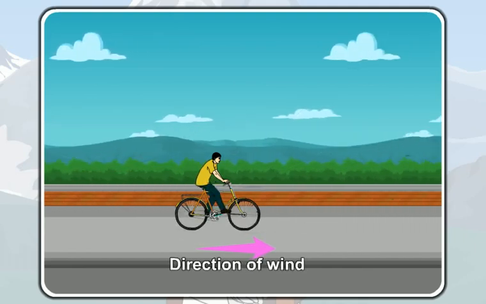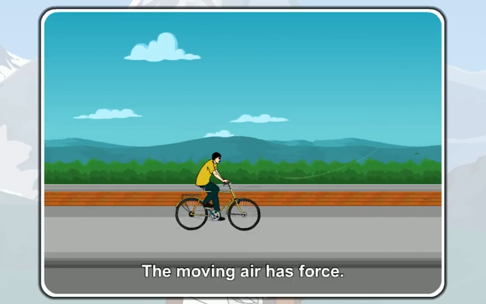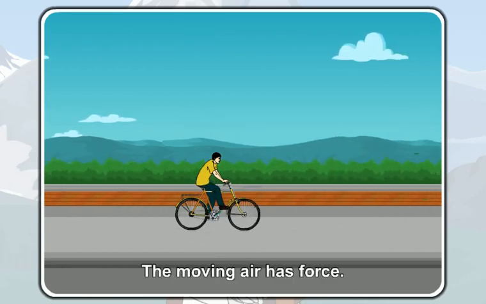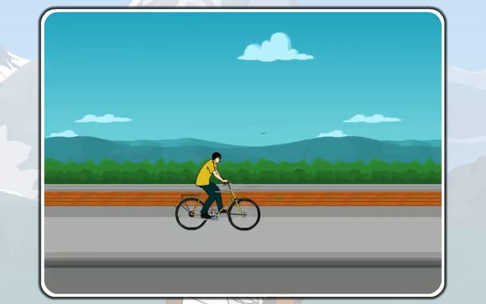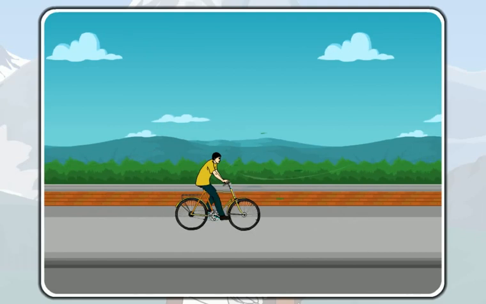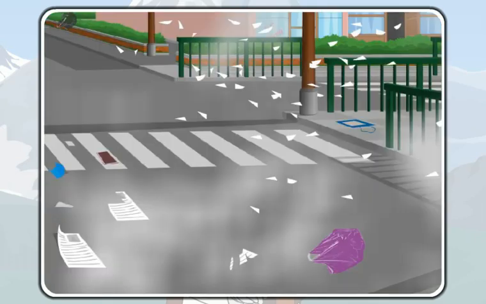It is because the moving air has force in it. The force of the moving air makes it easier for you to move along its direction. You may have seen moving air or wind blowing papers or leaves. It is also due to the force of the moving air.